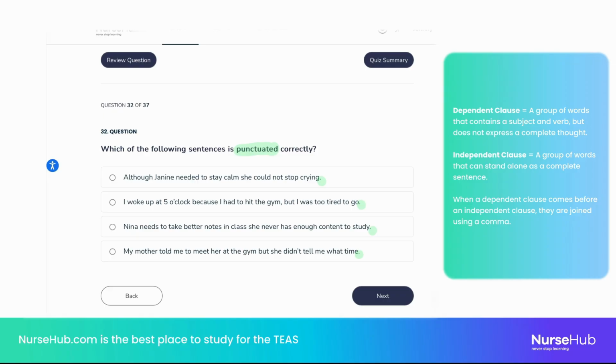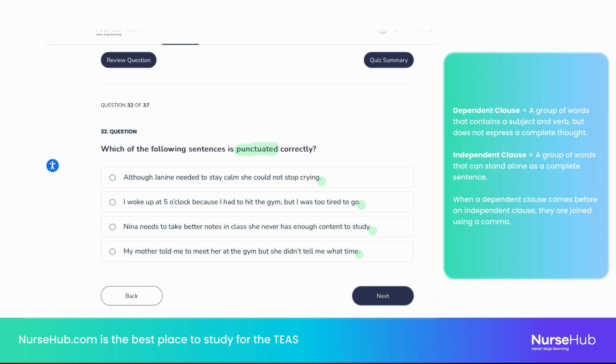All right, so here we go. Although Janine needed to stay calm, she could not stop crying. I woke up at 5 o'clock because I had to hit the gym, but I was too tired to go. Nina needs to take better notes in class. She never has enough content to study. My mother told me to meet her at the gym, but she didn't tell me what time.